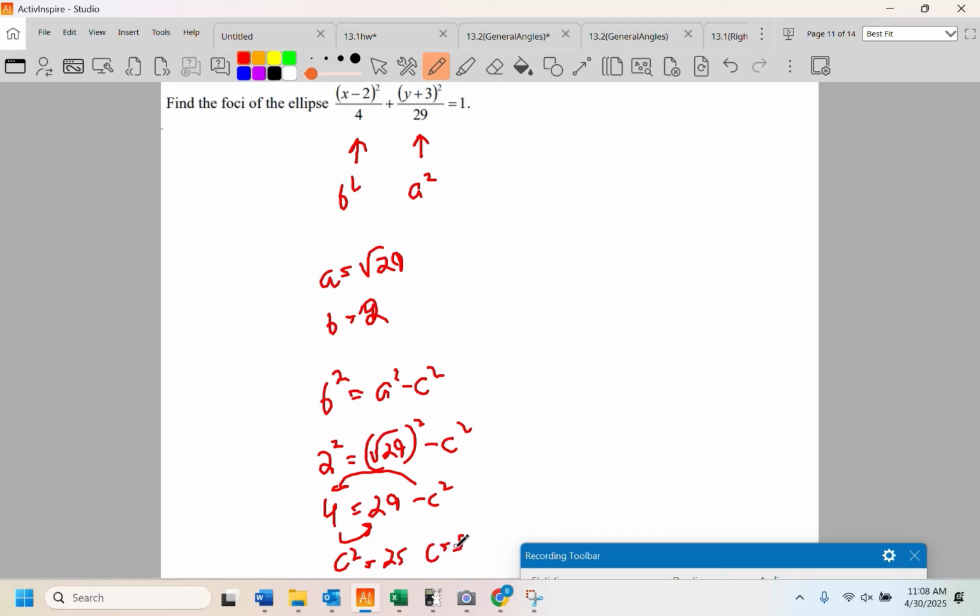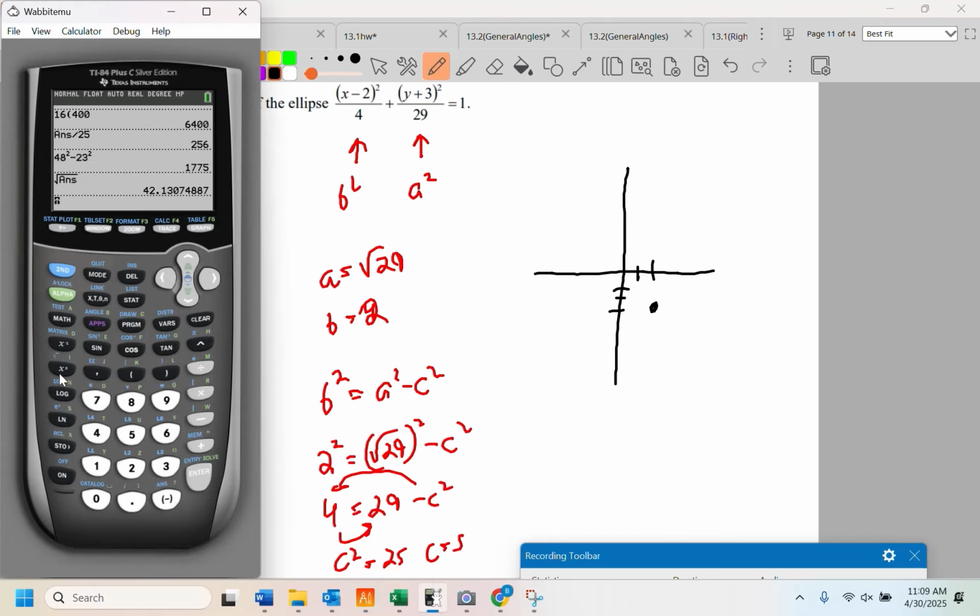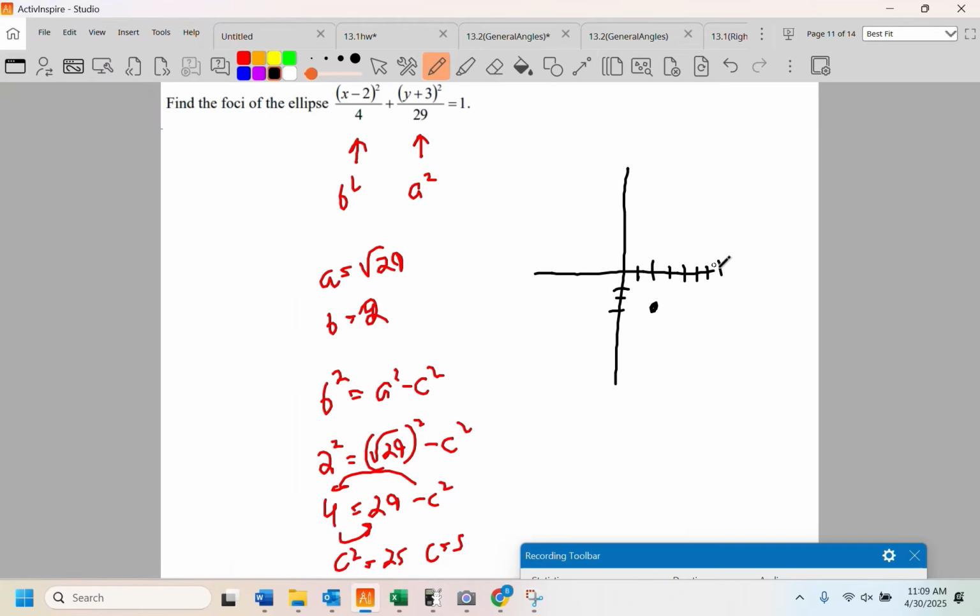Now, where are the foci? I'm going to graph, because graphing is really the only way to make it obvious. This thing is centered at 2, negative 3. It has a major axis of root 29, which is, you know, a little over 5, about 5.4.